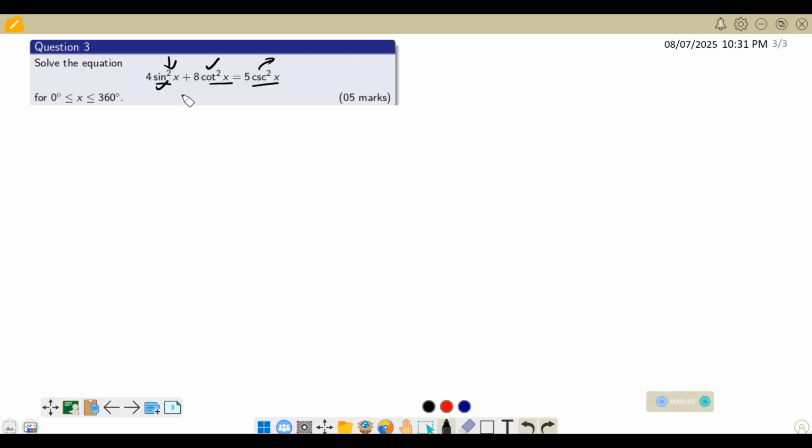One, something that might be obvious, is we can easily express sine squared in terms of cosec squared, because cosec squared of x is the same as 1 upon sine squared of x, which means you can express sine squared in terms of cosec squared. So this is very possible.